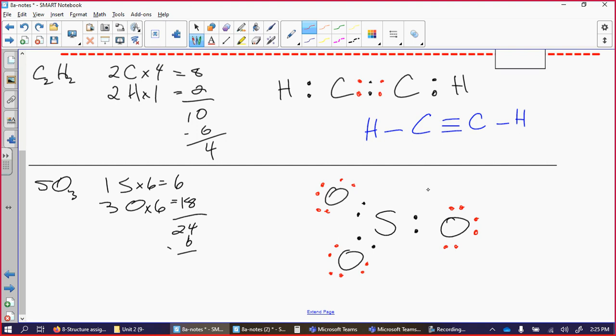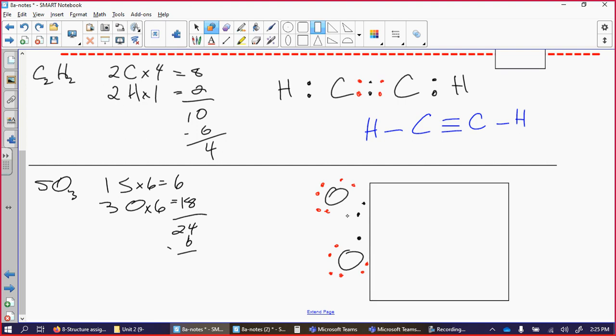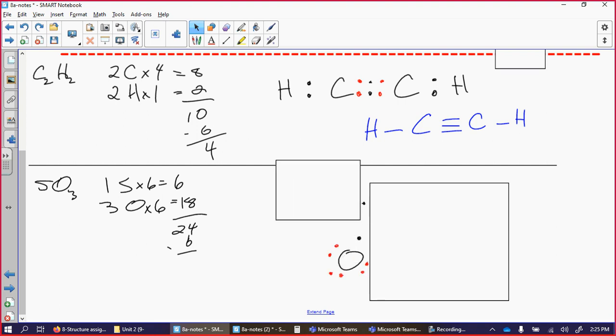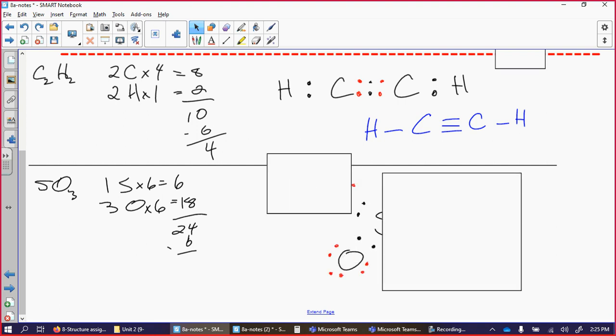So if I look at any one of the oxygens right now, like that oxygen right up here has 8. All of the oxygens, regardless of how you look at them, have 8.